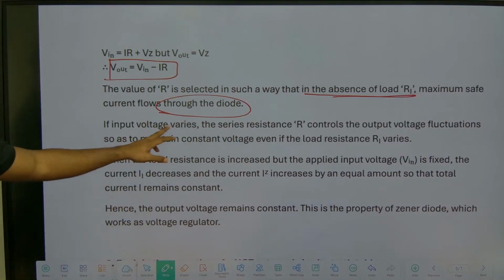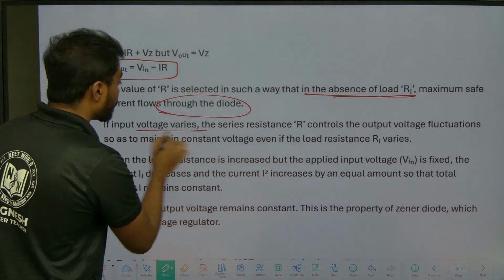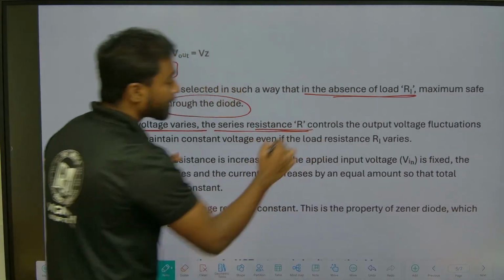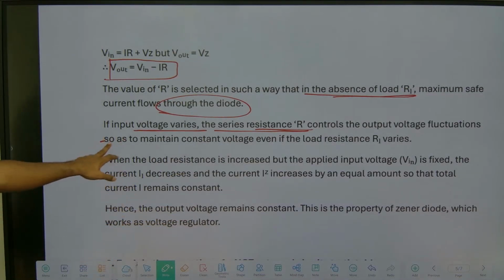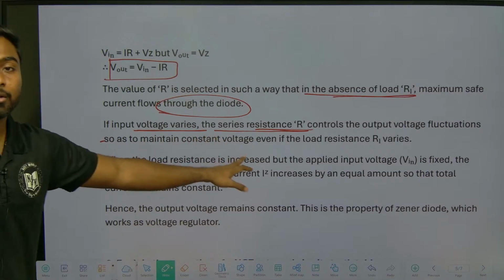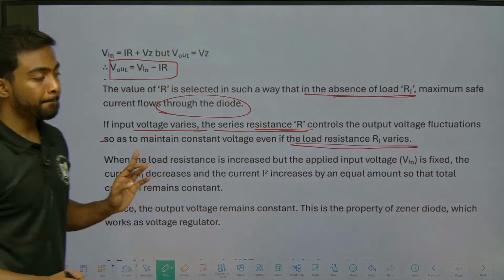If the input voltage varies, the series resistor R controls the output voltage fluctuation, so as to maintain a constant voltage even when the load resistance RL varies.